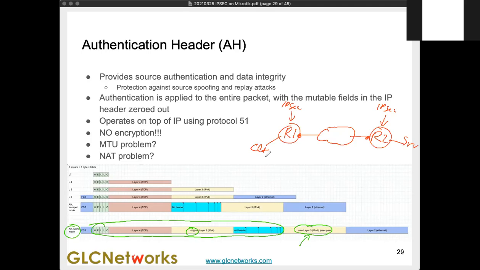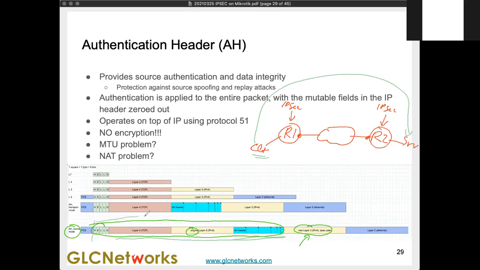So packets are coming from the client to the server. When the packets arrive at router 1 from the client here, it will add a processing like this. So it will encapsulate the original packets.